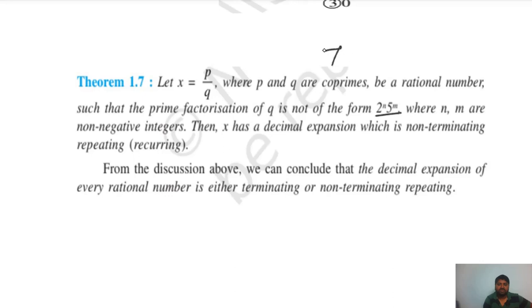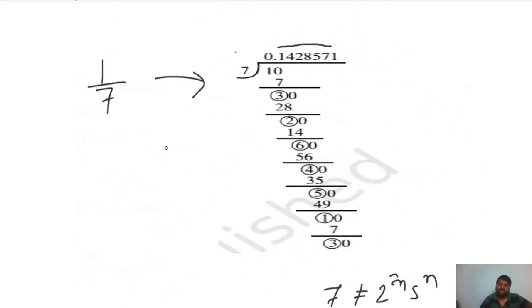That means 7 we cannot represent in the form 2 to the power m and 5 to the power n, since it is not a multiple of 10. Where m and n are non-zero integers, then x has a decimal expansion that is non-terminating repeating, that is, recurring. We say it is a recurring decimal.